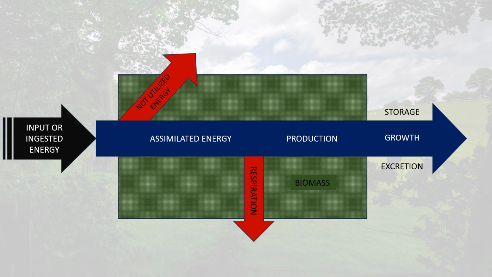So not all the input that we get from the sun is transformed. Some of it is passed through the biological structure and ingested from the digestive tract without being metabolized. When light passes through the vegetation without being fixed by photosynthesis, we call that not utilized energy.